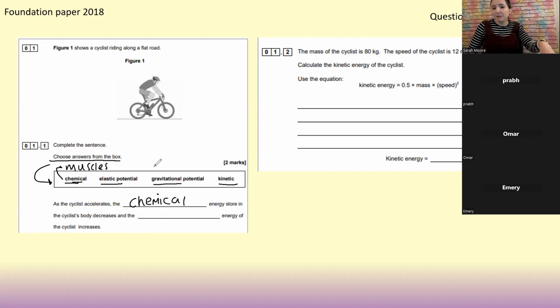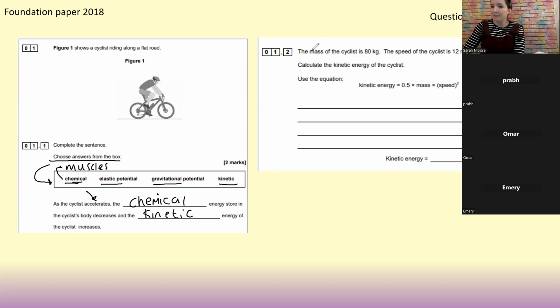In this case, it begins to accelerate, so it speeds up. So therefore, the kinetic energy of the cyclist increases. So we have an interchange between two stores here. The chemical energy store of the muscles of the cyclist reduces. At the same time, the kinetic energy of the cyclist increases.